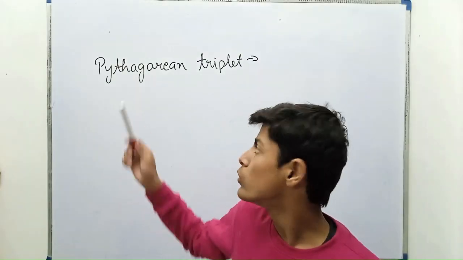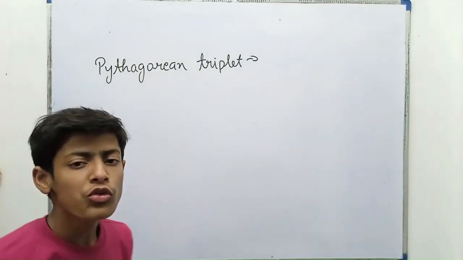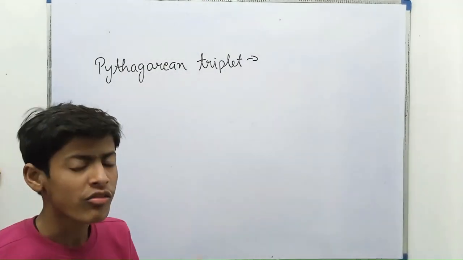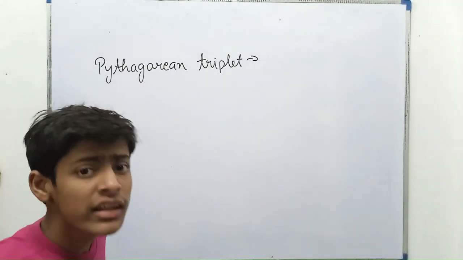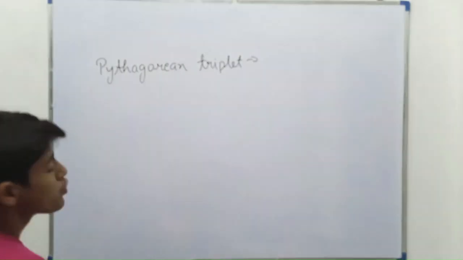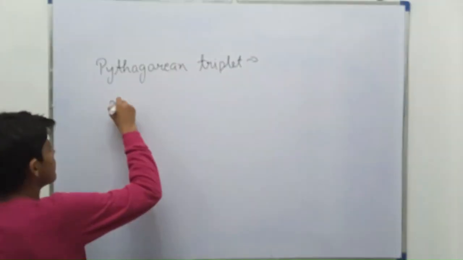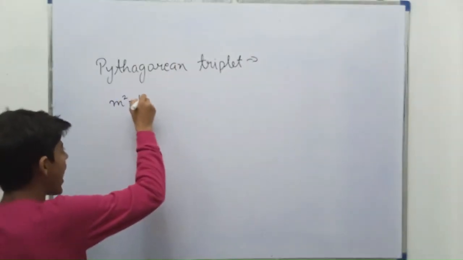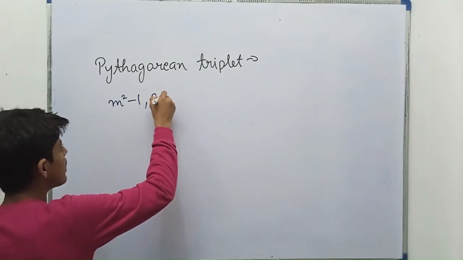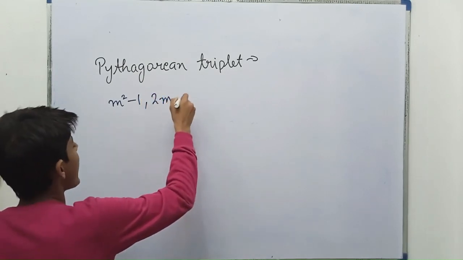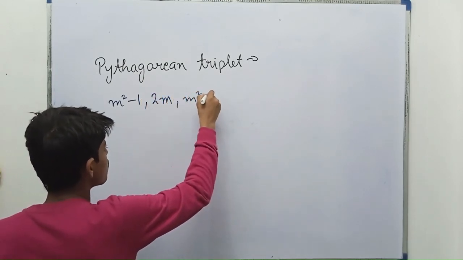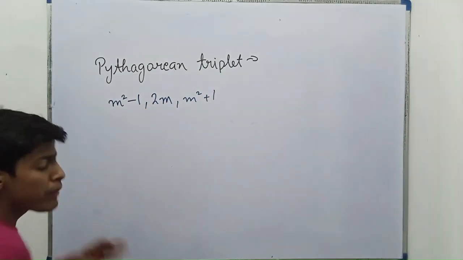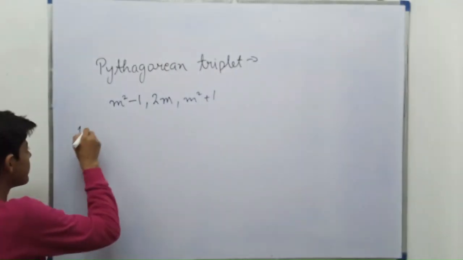Now guys, we will learn the method to know whether a particular number is in a Pythagorean triplet or not. So basically it is m square minus 1, 2m, and m square plus 1. The number we will take is 16.